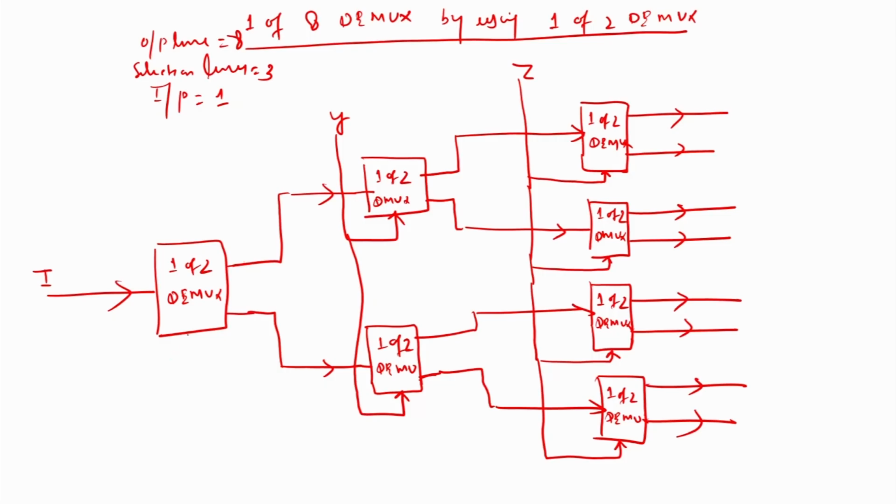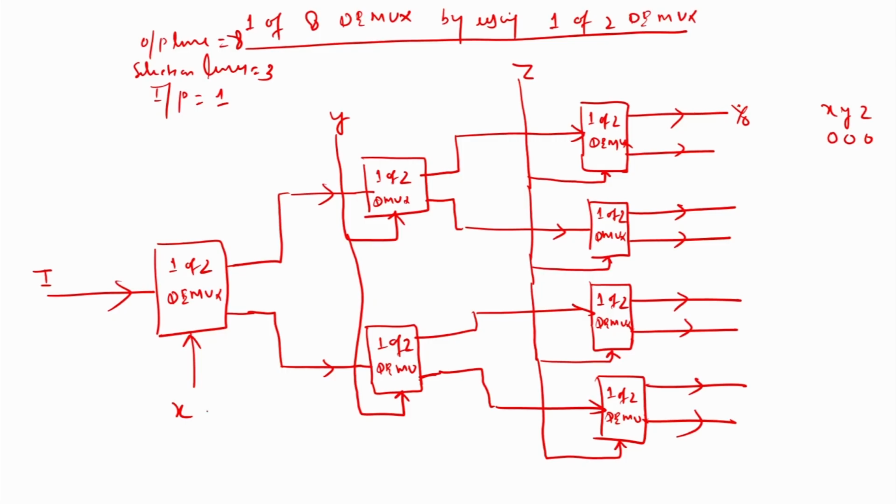And this final selection line is X. Whatever the values of x, y, z, when x, y, z are 0, 0, 0, when the value of x is 0, this particular output is selected as an input, and when again this is 0, this particular one is selected, then again this is 0, this means this is selected as an output, that is y 0.